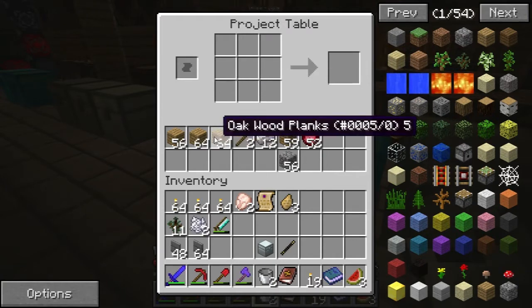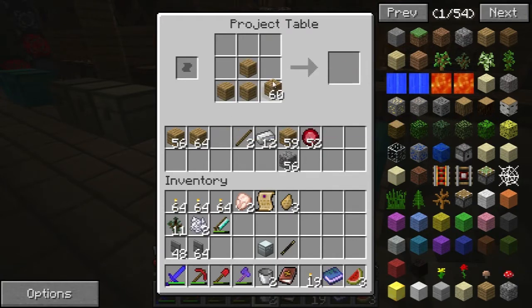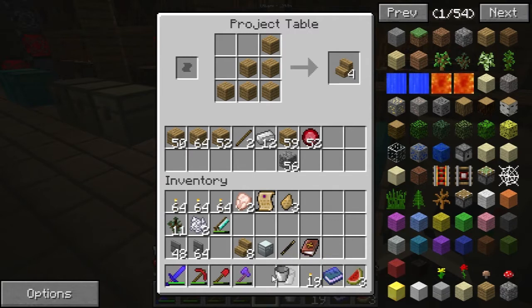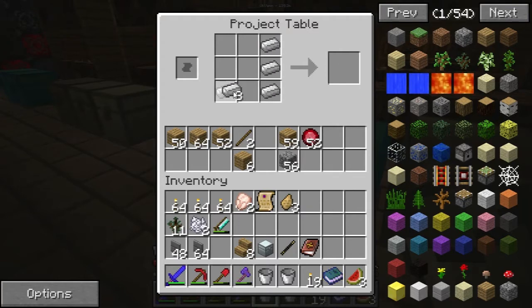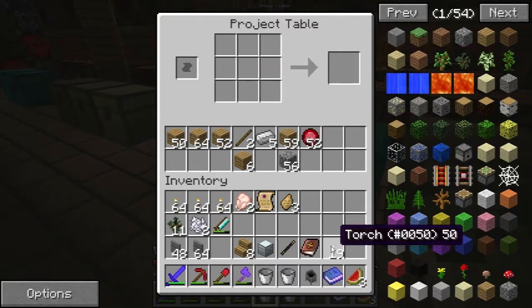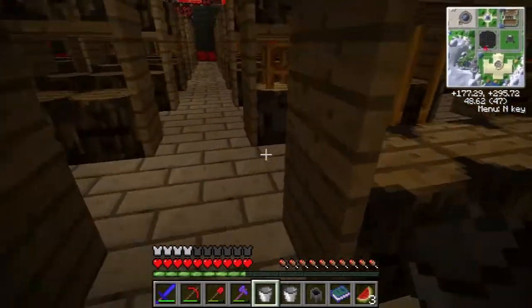And then I need something to put the water source in. So let's just make a set of stairs. Okay. Also I actually need to make the cauldron. There we are. Okay, so that should be good.